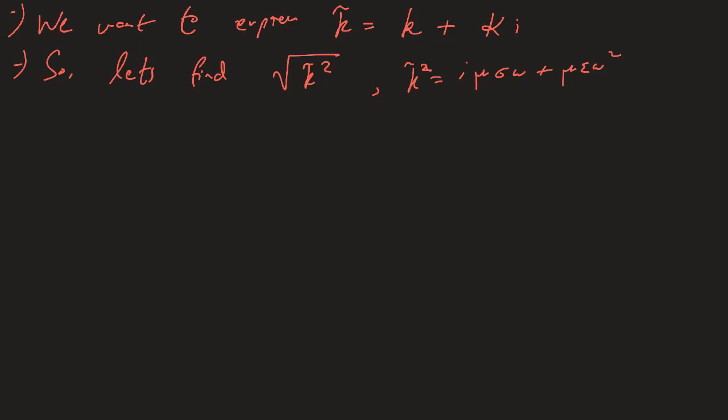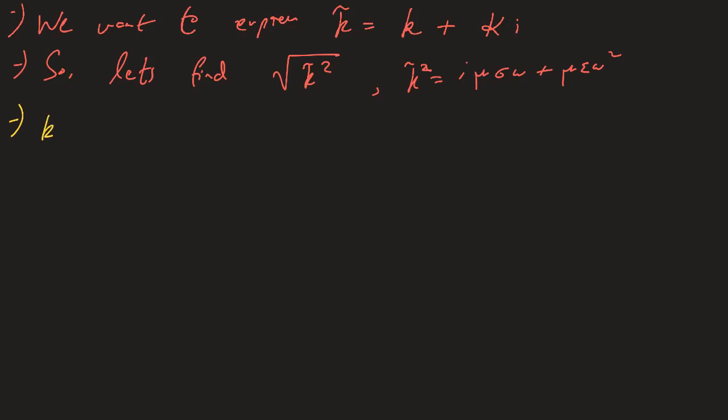Okay, we have to find the square root of that. Finding the square root of complex numbers can be easy or can be rather tricky. This is somewhere in the middle, I'll be honest. So let's see what we can do.